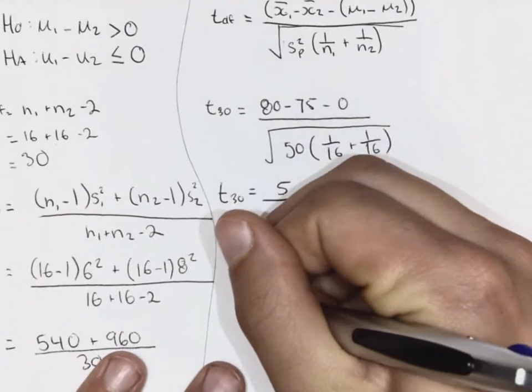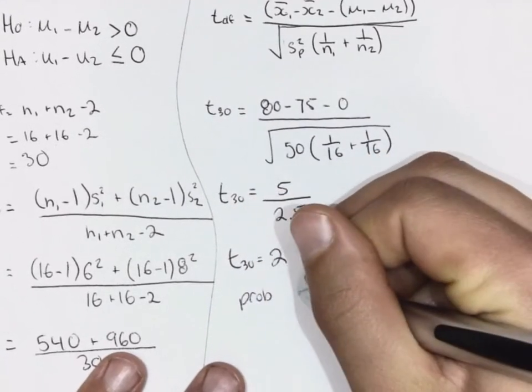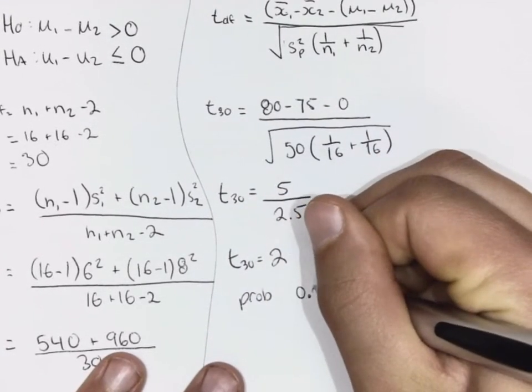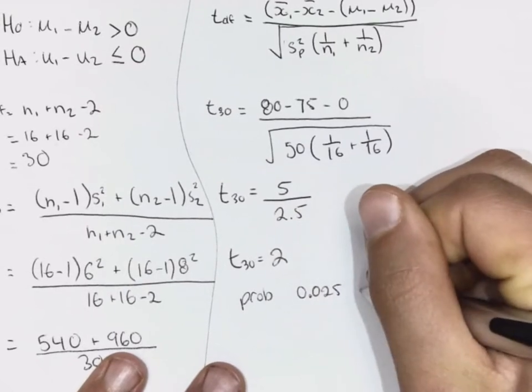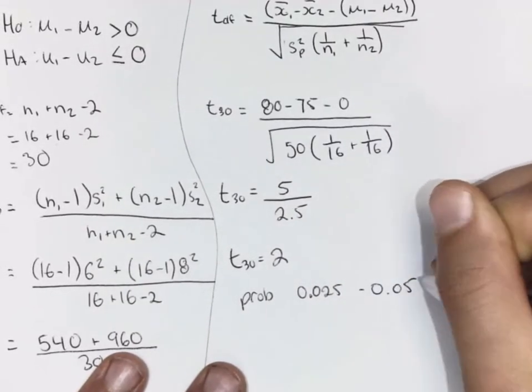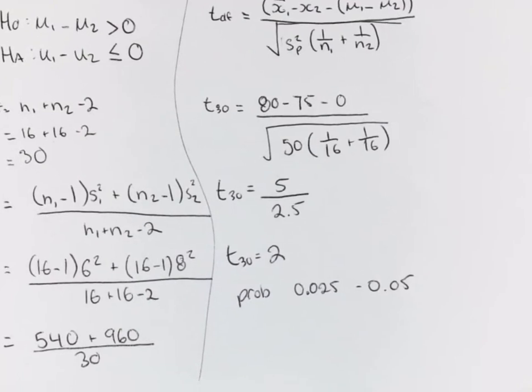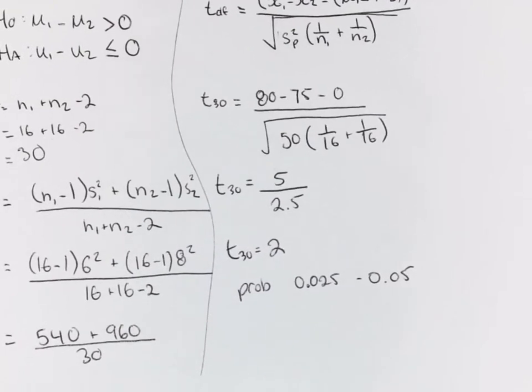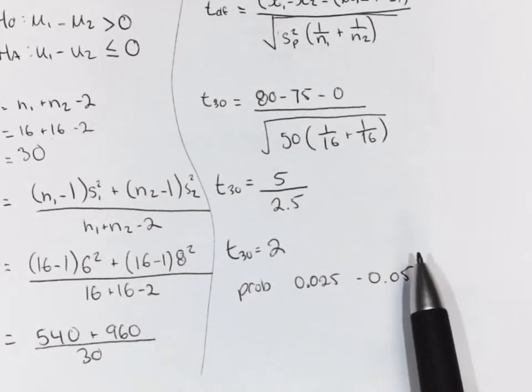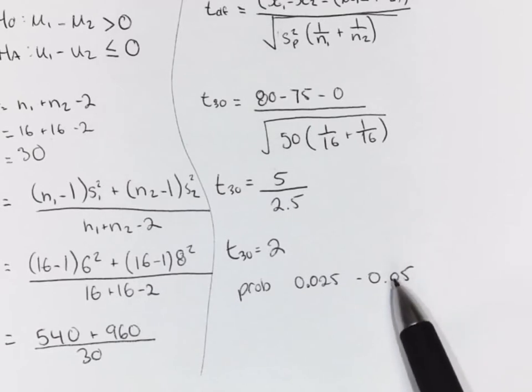So the probability is between 0.025 and 0.05. Now when we think about our probabilities, we always take the less than.